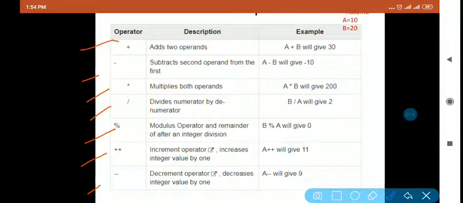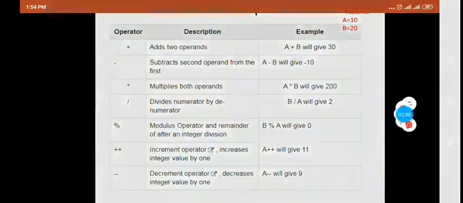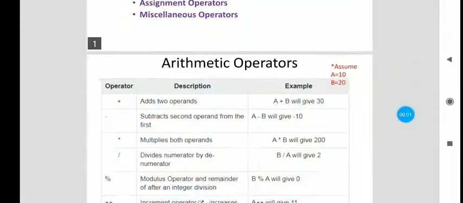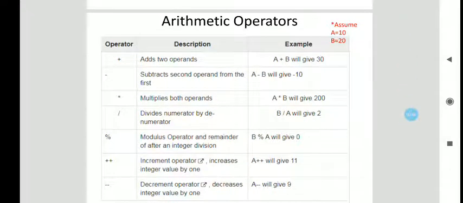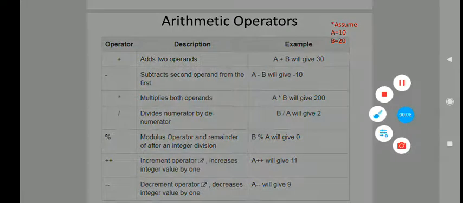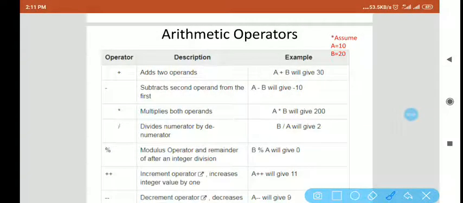As shown in this PPT, the first column in this table indicates the operator symbol, second is a description, and third is an example. Here we assume a equal to 10 and b equal to 20 for this example.